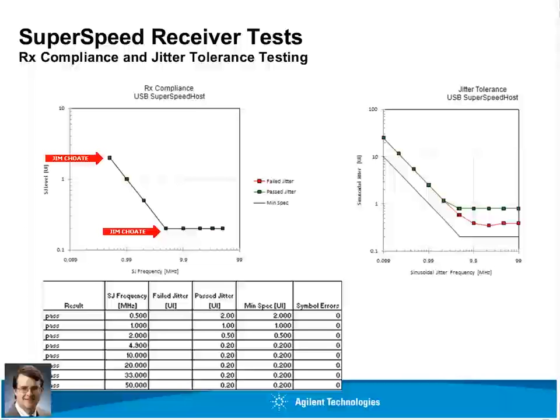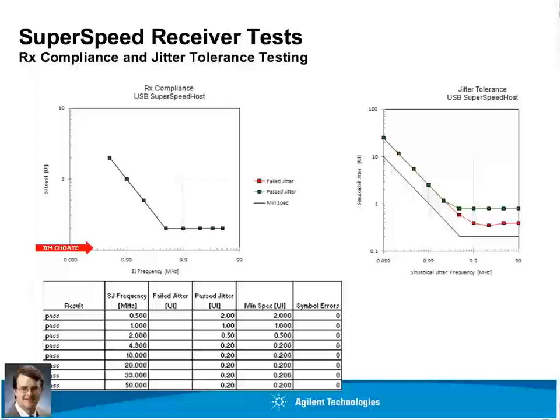So you have roughly 2 UI of jitter added at 500 kilohertz, and the receiver has to pass with no more than 1 bit error at that test point. And then at 4.9 to 50 megahertz, we had 20 milli UI of jitter applied to the receiver with an underlay of a consistent amount of RJ at all those test points.